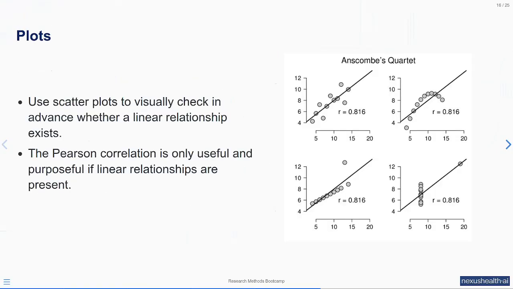Another reason why we should use scatter plots to visually check whether a linear relationship exists is this plot that we see here. In all four cases, calculating the correlation coefficient gives us the same figure. However, when you plot the data points, we find that the story is quite different.